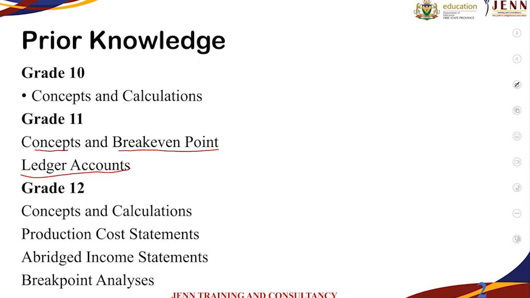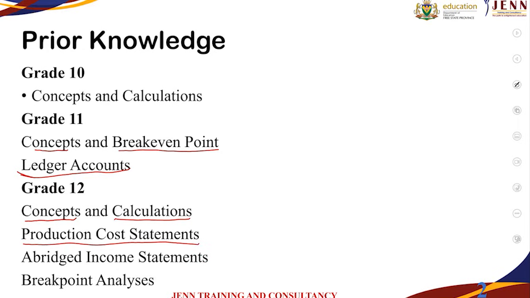However, in grade 12, we're still going to continue with the concepts with regard to the manufacturing business. We will still continue with the questions with regard to the costs that will be incurred when we run this business. And then the new thing that we are going to learn will be the production cost statement.